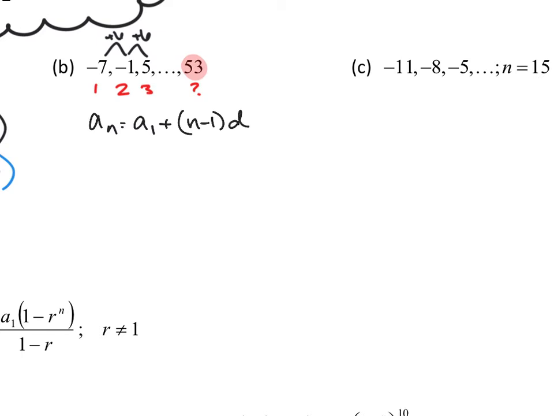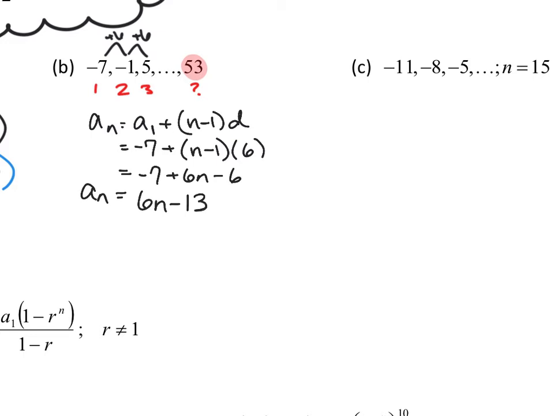That's from last class. Well, we know the first term is -7. Then we have n minus 1 times that common difference of 6. I'm going to go ahead and distribute the 6 and then clean it up so that a sub n is equal to 6n minus 13. That's the explicit sequence definition.